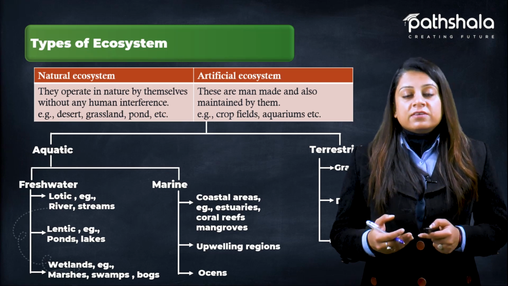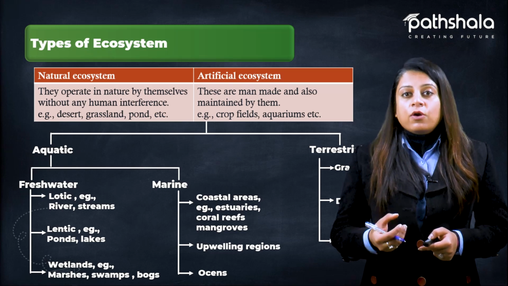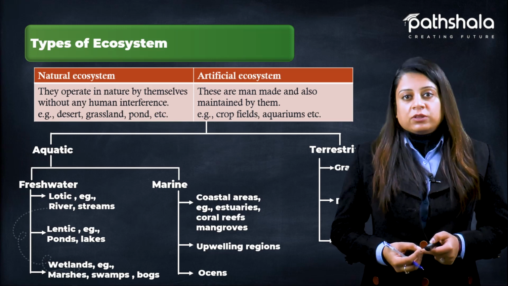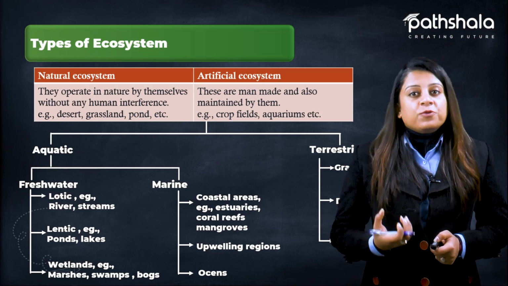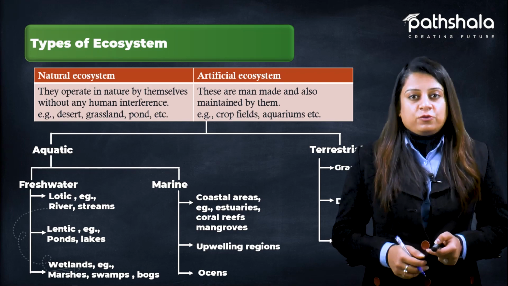For example, desert, grassland, pond. अगर हम pond की बात करें तो pond में aquatic plants भी होते हैं, aquatic animals भी होते हैं. उसमें हमारा कोई भी role नहीं होता है, ठीक है? तो that is termed as a natural ecosystem.